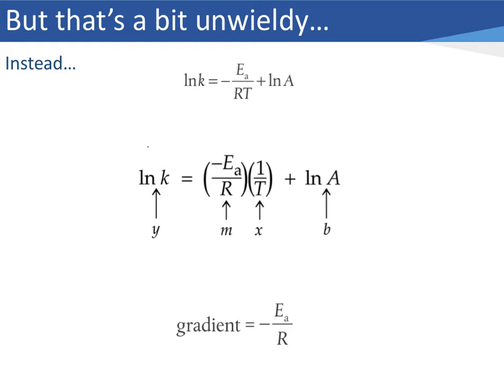If I take the natural log of both sides, I have the natural log of k equals negative activation energy over RT plus natural log of A. A is a constant.